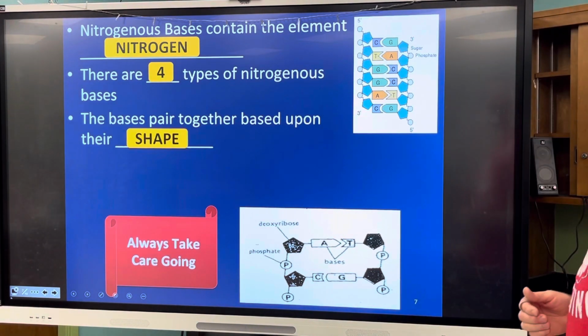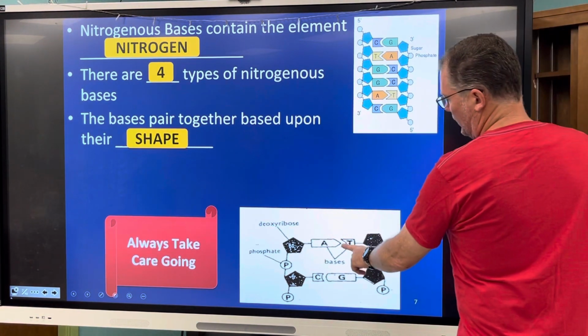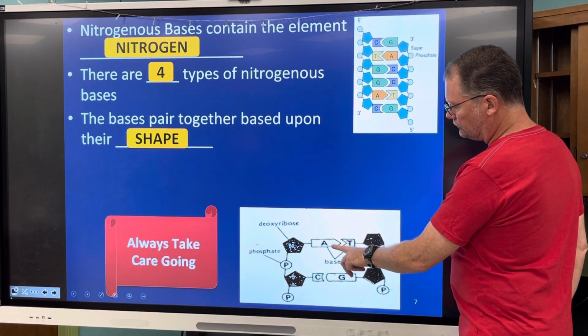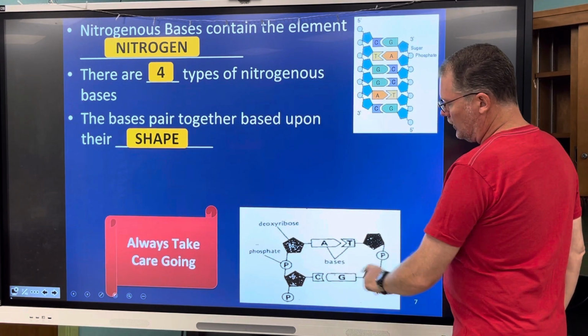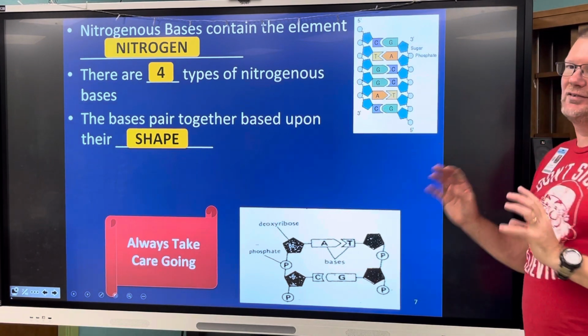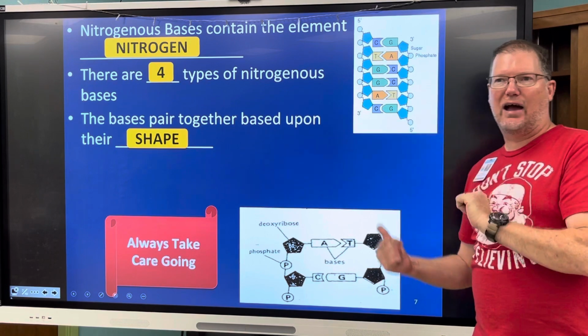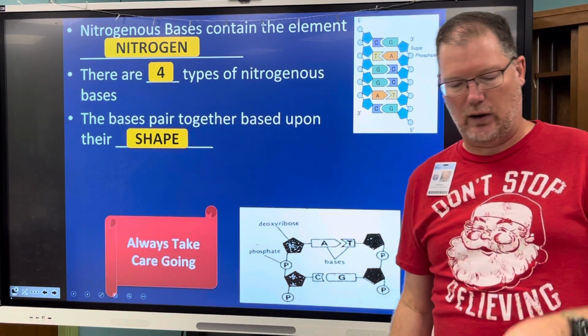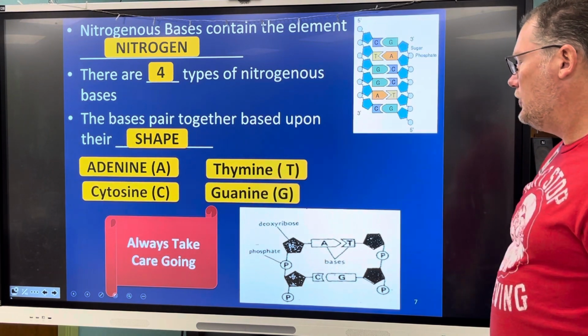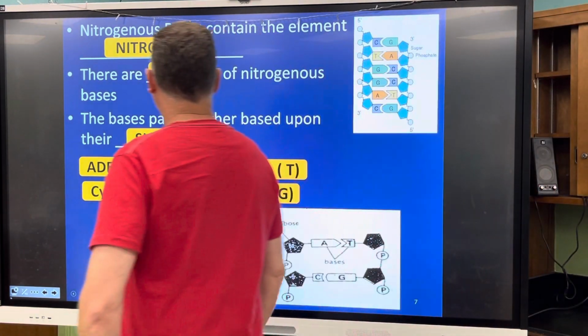And the bases are paired together based upon their shape. So these, we're going to learn about what they are in a moment, but these two, you see how now the shapes aren't exactly like that in reality, but on diagrams it's much easier to show this way, okay? And you're going to remember this.